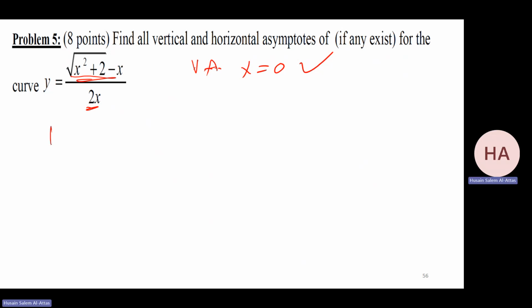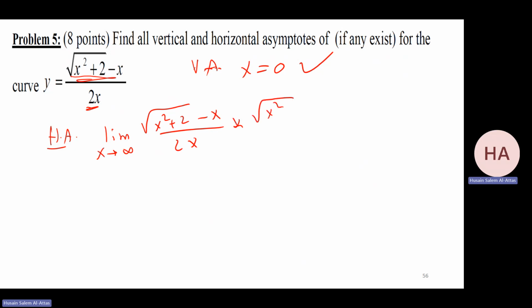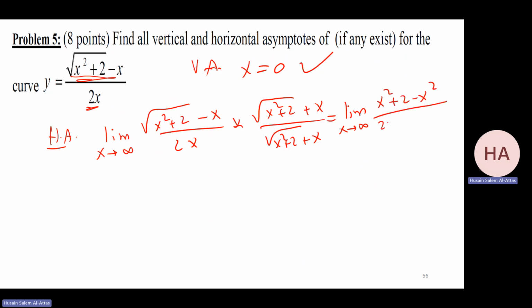Horizontal asymptote, we'll check the limit as this goes to infinity. You have this. So what I will do, rationalize. That will be the limit as x goes to infinity, x squared plus 2 minus x squared over 2x, square root of x squared plus 2 plus x.